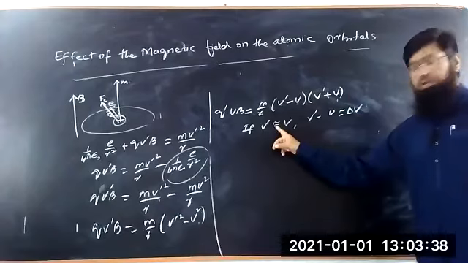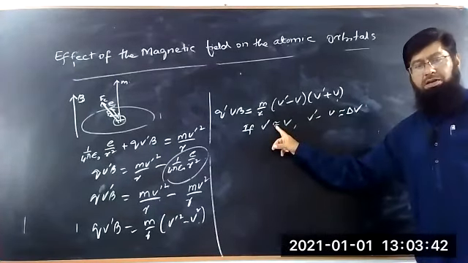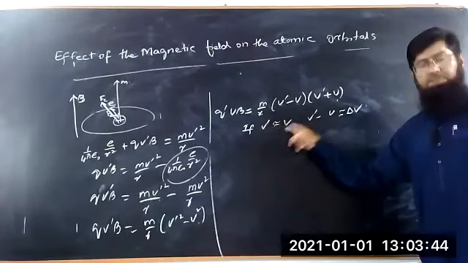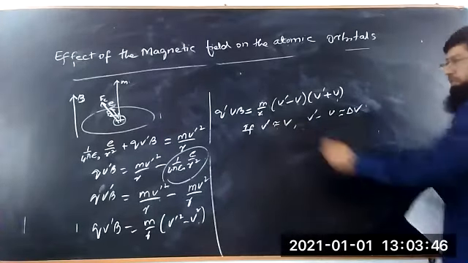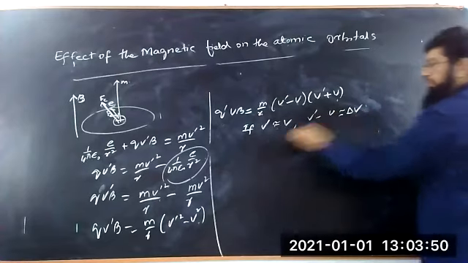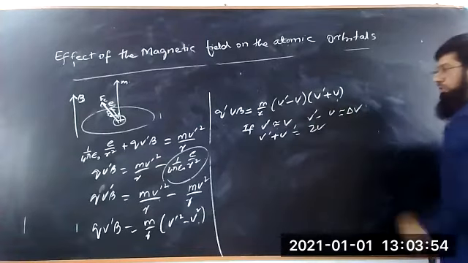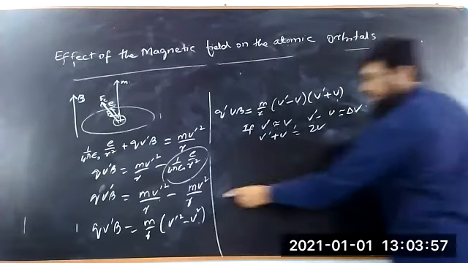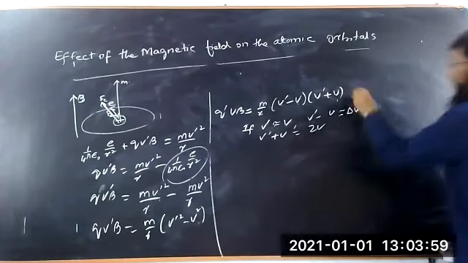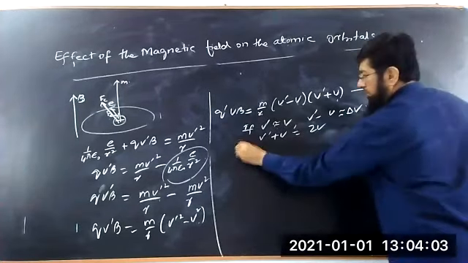That's why I have put here the sign of approximately equal, not exactly equal. So V dash minus V is equal to delta V, and V dash plus V is approximately equal to 2V.